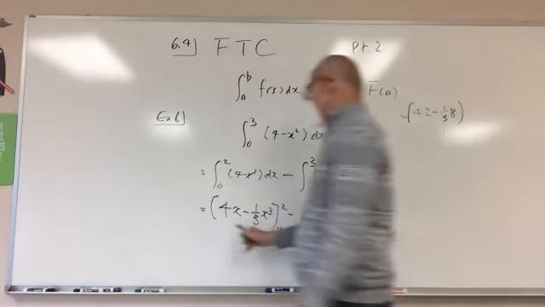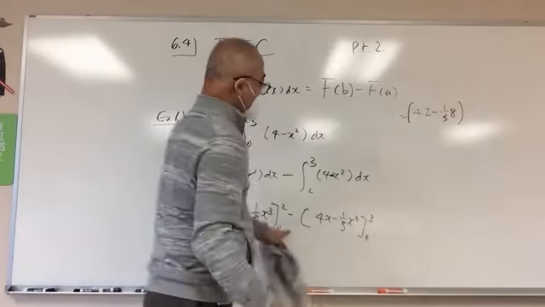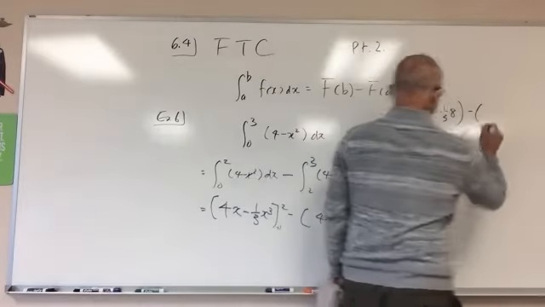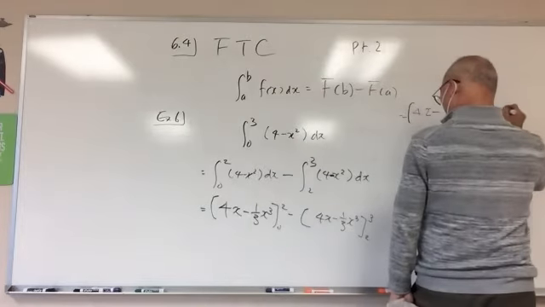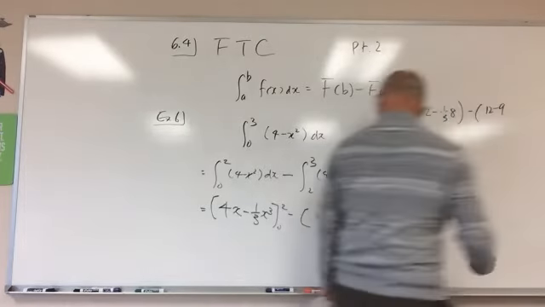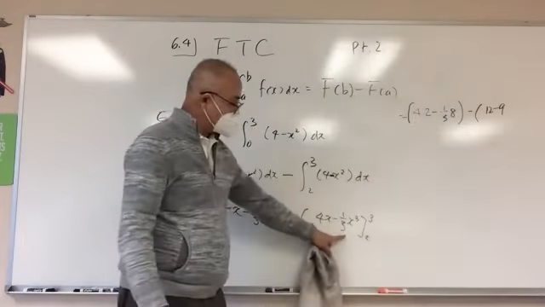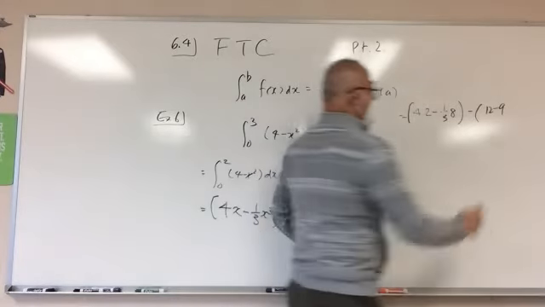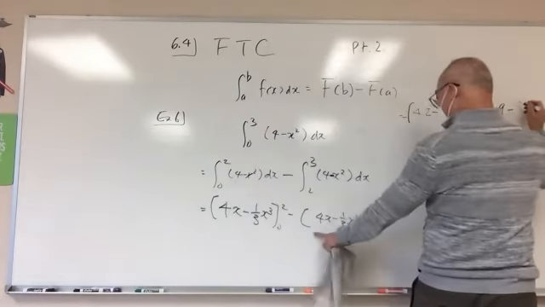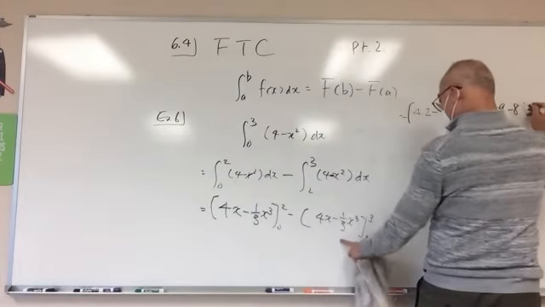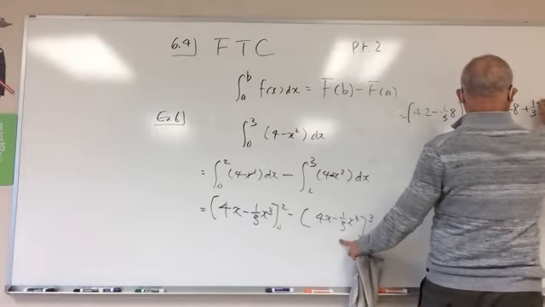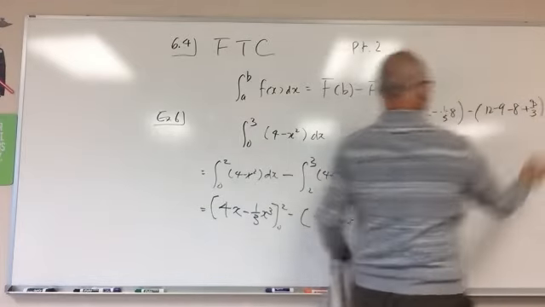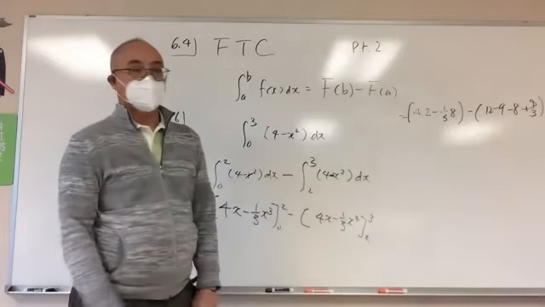So this is the first part. The second part, I'm going to have a negative. If I put 3 in, I get 12 minus 9. Subtract the 2 out. When I put 2 in, I get 8 minus 8 over 3.